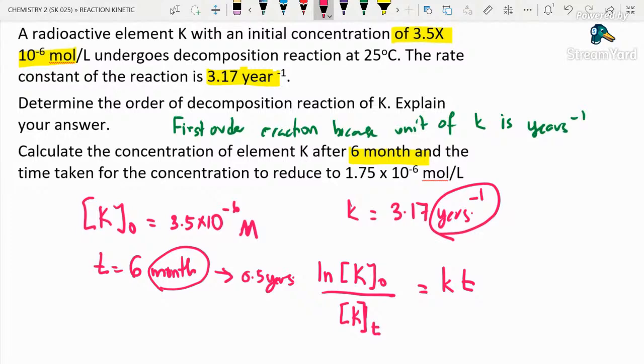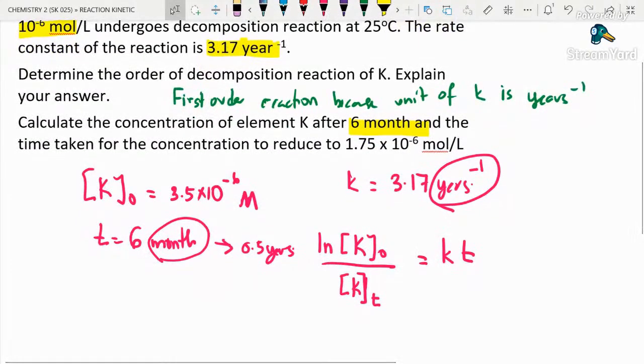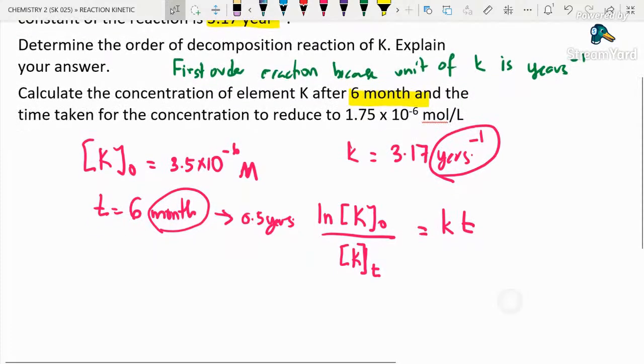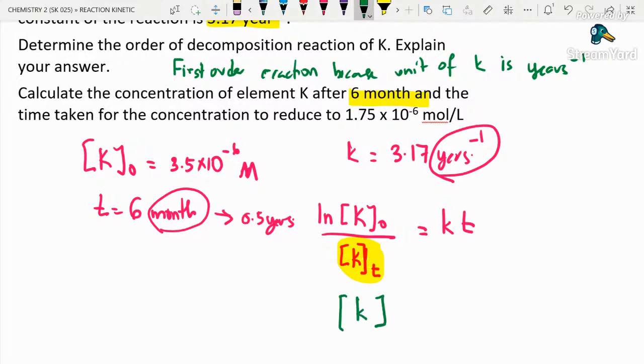If you don't divide, it won't work because we can't cancel off the units. Okay, solve this one to get the value we want. The concentration of K at T, which is at 0.5 years, is, okay, what did you get?